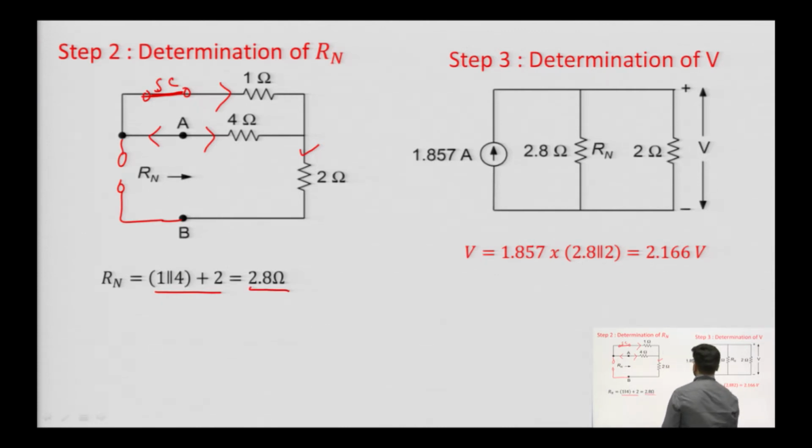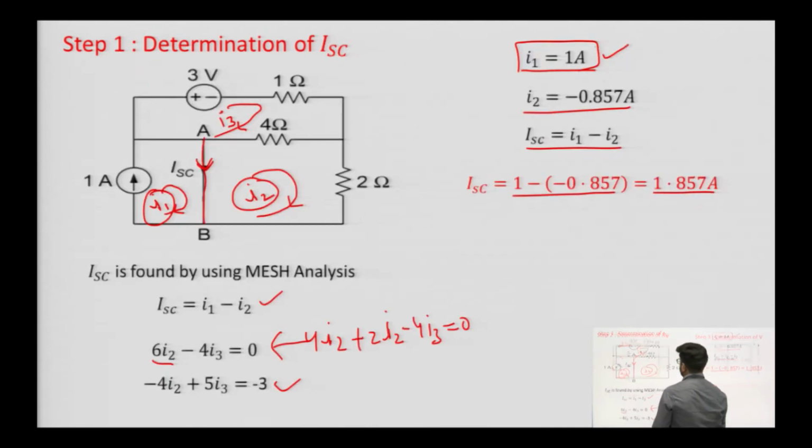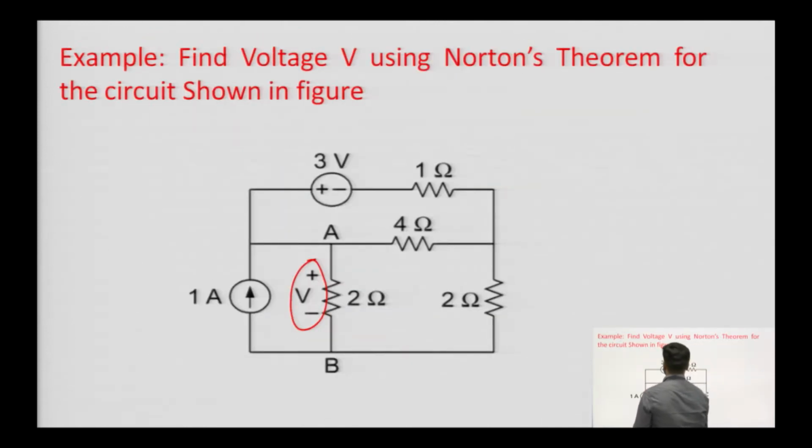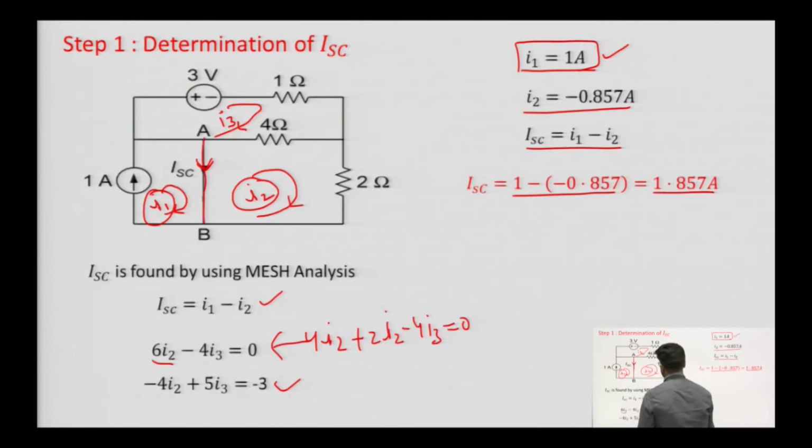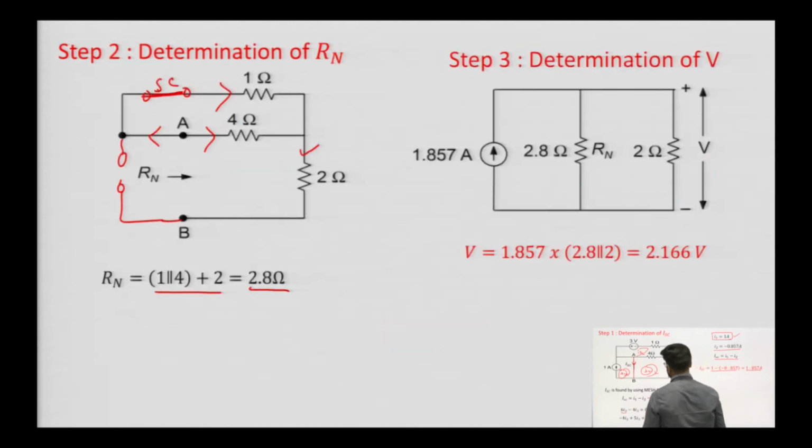So, the value of RN is 2.8 ohm. Now, our question was to find the value of voltage V using Norton's theorem. We have calculated ISC, which is 1.857 ampere, and RN, which is 2.8 ohm.